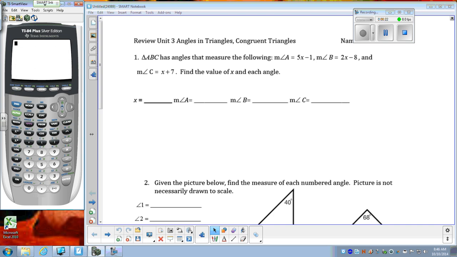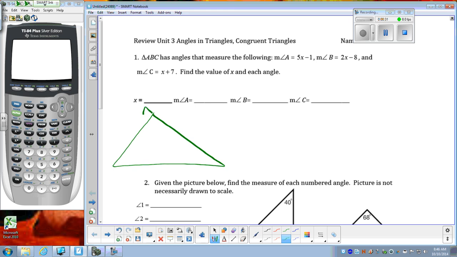Number 1 says triangle ABC. Triangle ABC has angles that measure the following: A is 5x minus 1, B is 2x minus 8, and C is x plus 7.